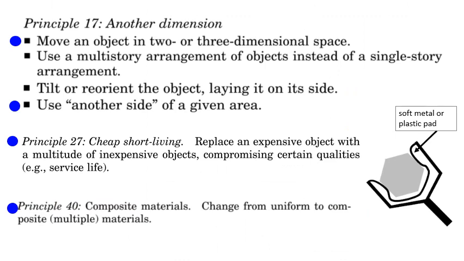Principle 17, another dimension. Principle 27, cheap short-living. And principle 40, composite materials. In this case, what we can do is use a soft metal or plastic pad placed between the wrench and the nut. Because this pad is soft, it will not really wear out the edges of the nut.